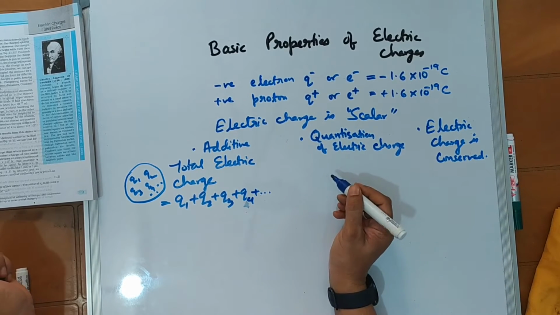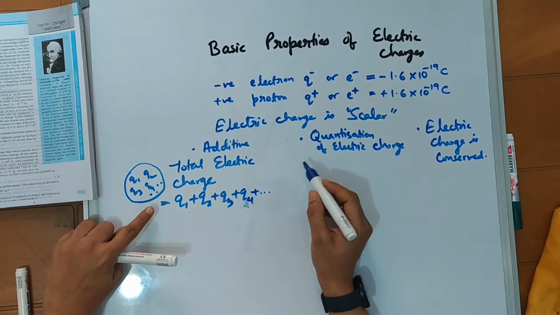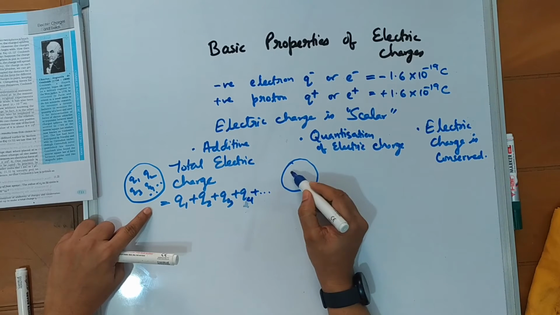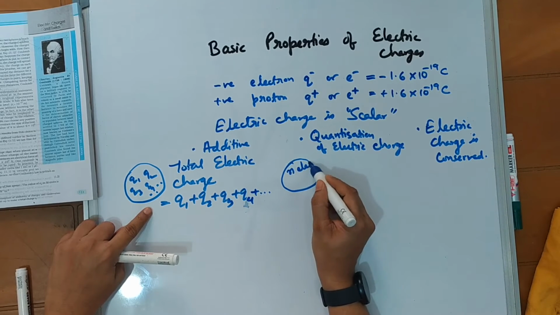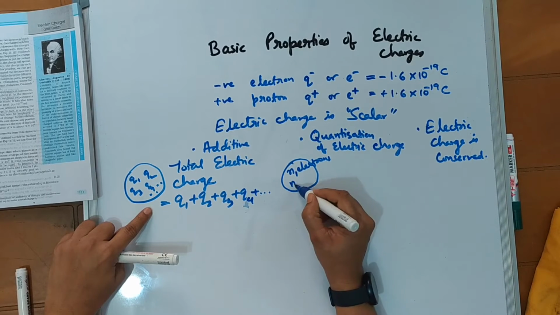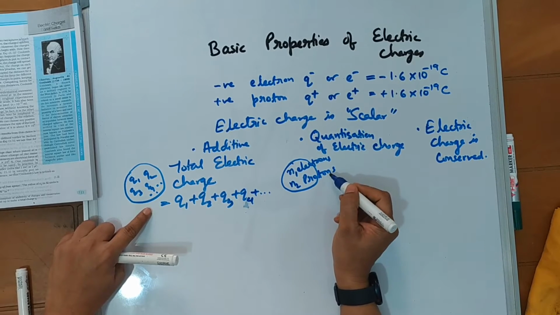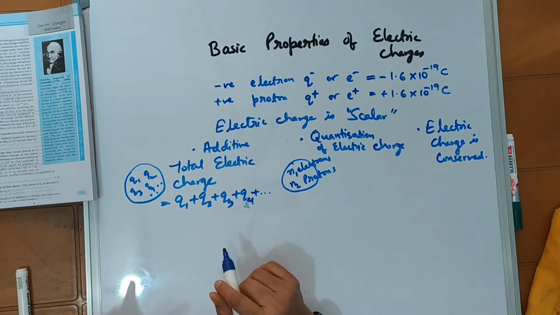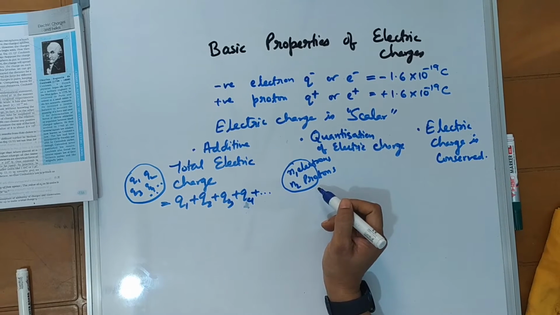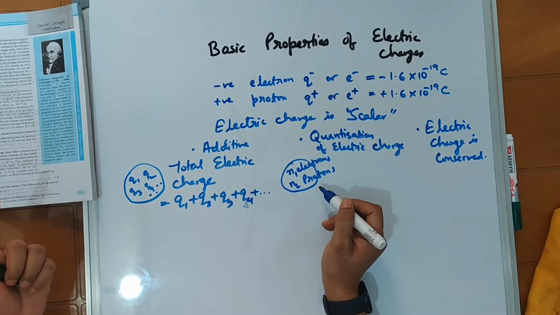Quantization of charge means electric charge is always quantized. Say we have a charged body which consists of n1 number of electrons and n2 number of protons. Protons are actually locked inside the nucleus of an atom, so n2 is the number of missing electrons, meaning positive charge.